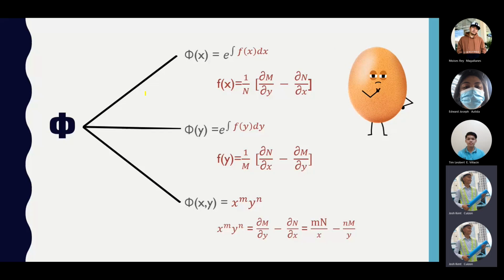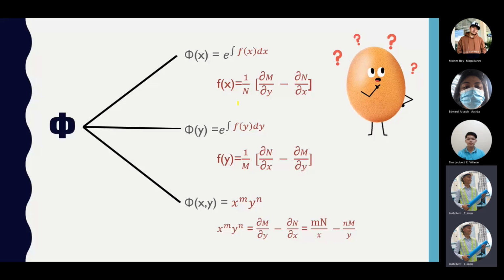So, to compute for the phi of x, naa tay formula nga e to the power of integral of f of x dx, wherein f of x is computed as 1 over N times the partial derivative of M with respect to y minus the partial derivative of N with respect to x.